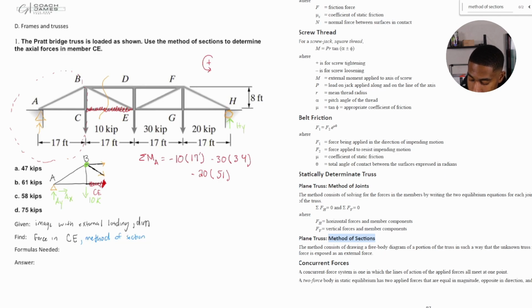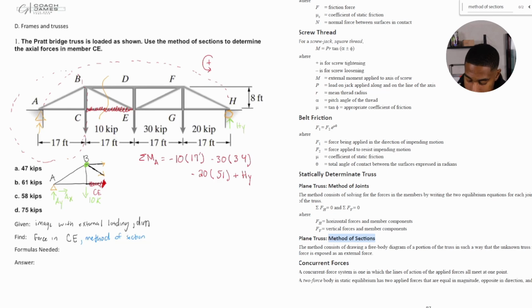Okay. And then are we done? No. We're trying to find HY. So there's a reaction at H, at the roller, that I'm assuming is going to point upward, plus HY. And if we push it up, it's going counterclockwise, which is positive.